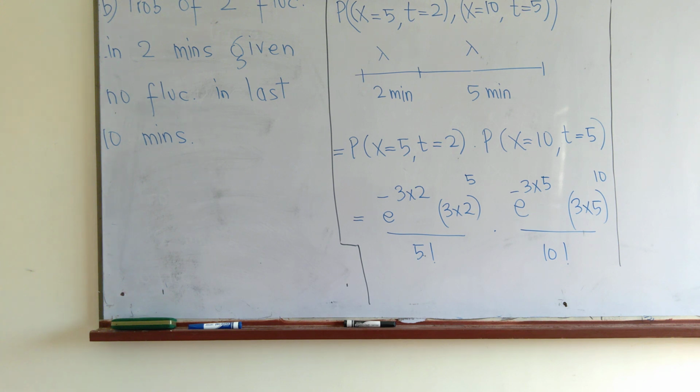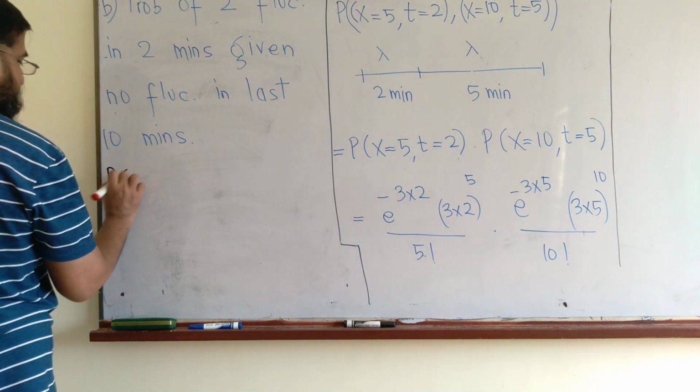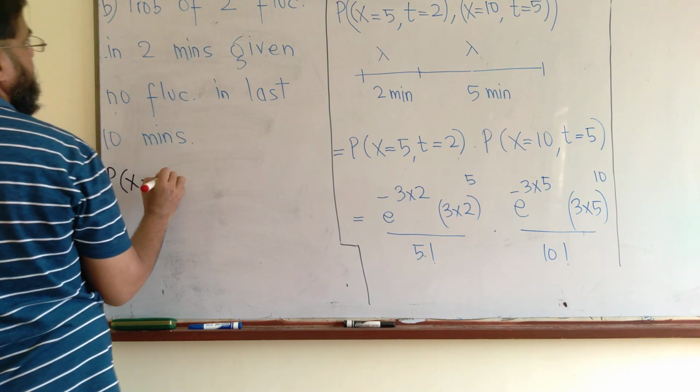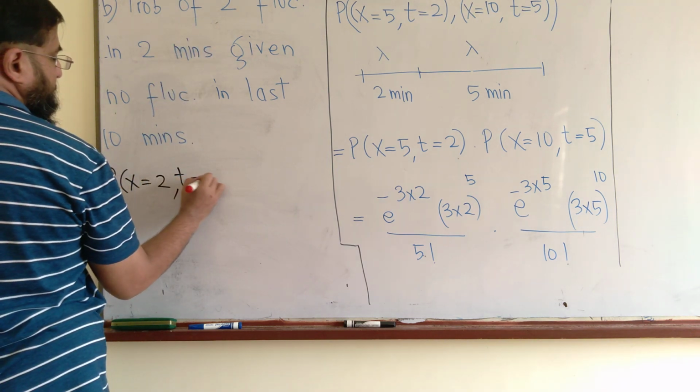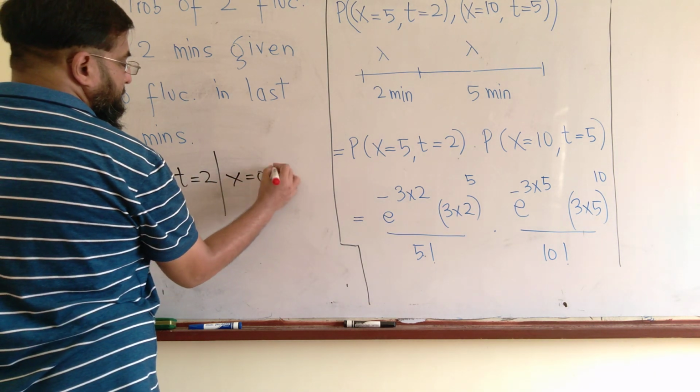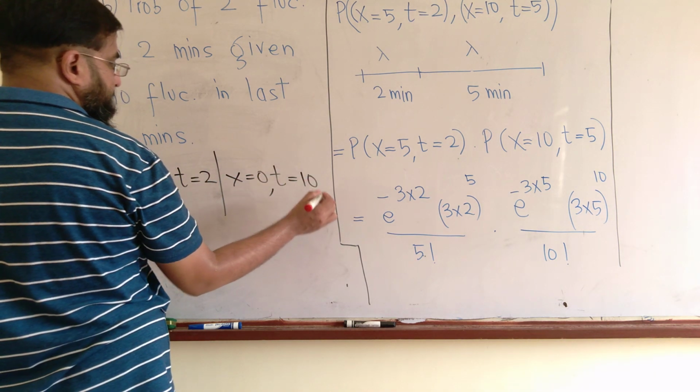So mathematically we can write it as the probability of x equal to 2 fluctuations in 2 minutes given there is no fluctuation in the last 10 minutes.